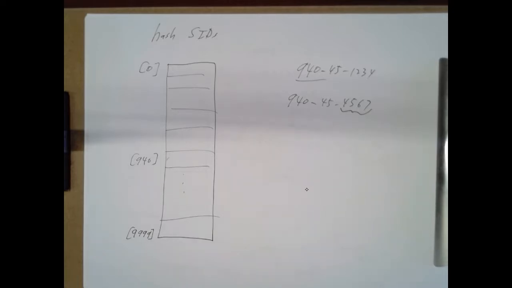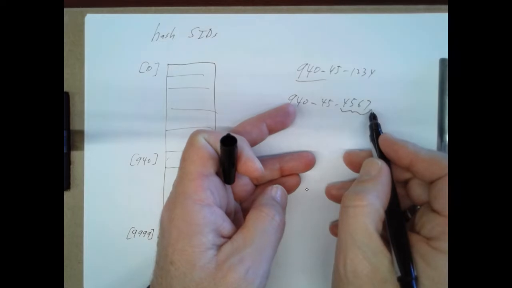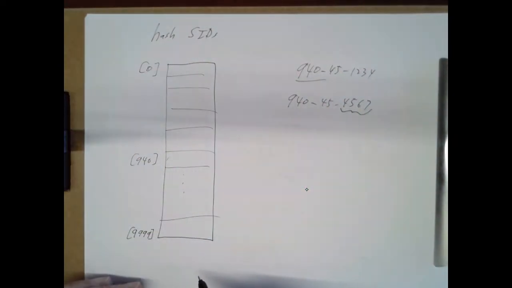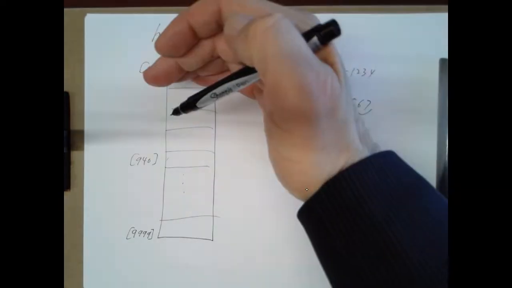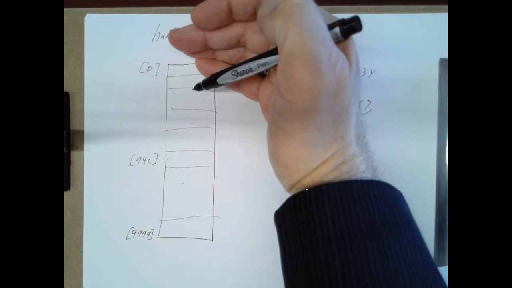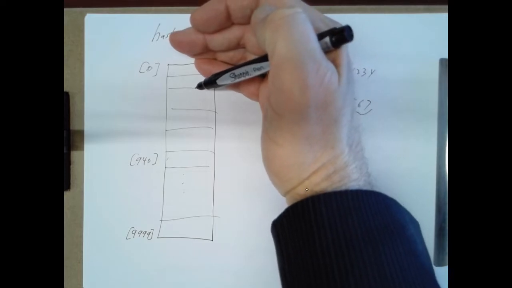Now, how could I guarantee that I never have a collision with student IDs? Use the full ID. So if I make this thing, it's either 10 or 100 million entries, and I say take the entire ID and use that as an index into my array, I'm not going to have a collision because no 2 students have the same student ID. But that's a huge array, and most of that array is not going to be used.